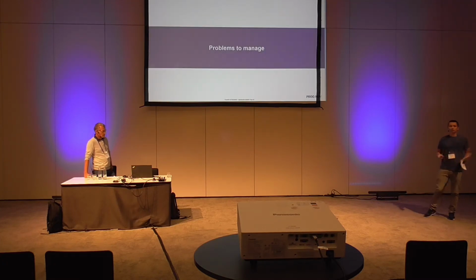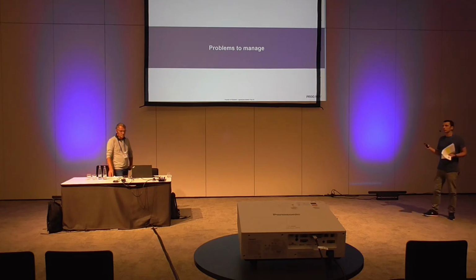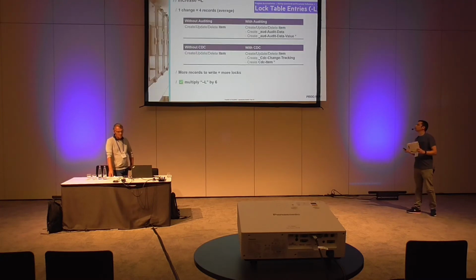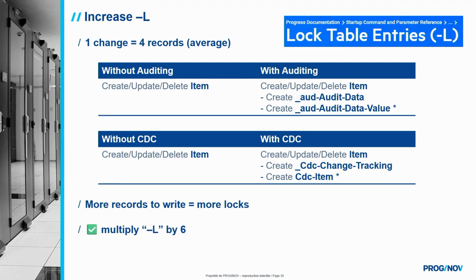So now we have seen that it could work, so we have to move from a proof of concept to a production-ready solution. So we have to deal with some stuff. The first thing we have to pay attention to is the log table entries.